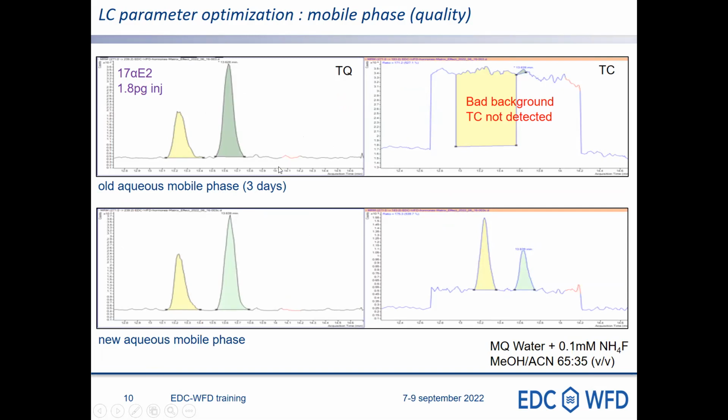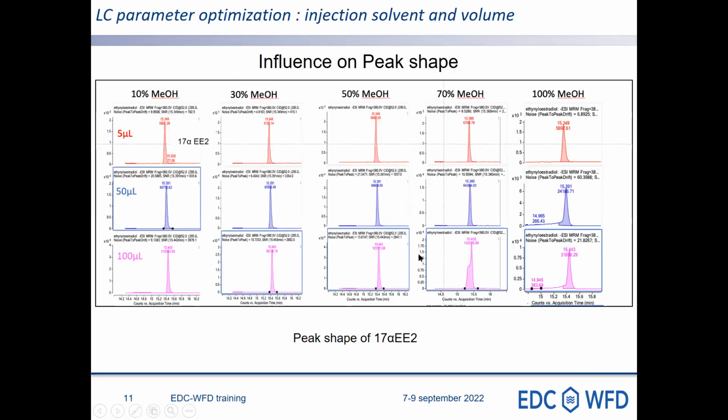But here you have the old one and a newly prepared one. What you see here is an enormous background, and you do not see your confirmation transition. And here, the same day, you prepare a new mobile phase and everything is fine. Really be cautious with your mobile phase.